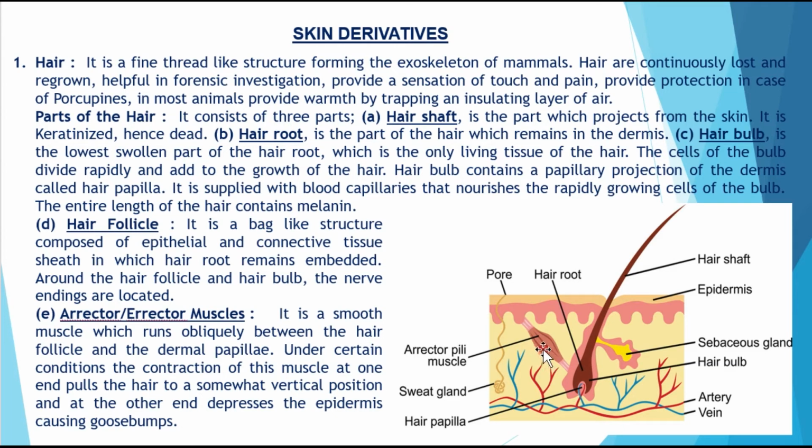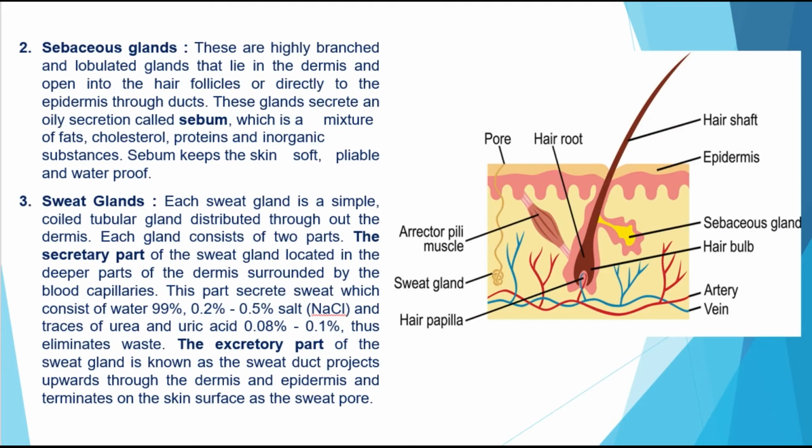This muscle contracts. When this muscle contracts, the hair shaft stands out. It becomes straight. When it stands out, it causes the skin to become wrinkled, which are called goosebumps. It becomes vertical, and this depresses the epidermis, causing goosebumps. All right. Now, this is about the hair.